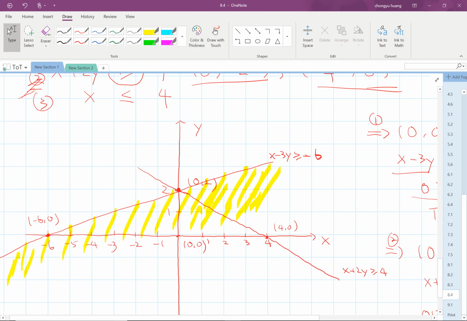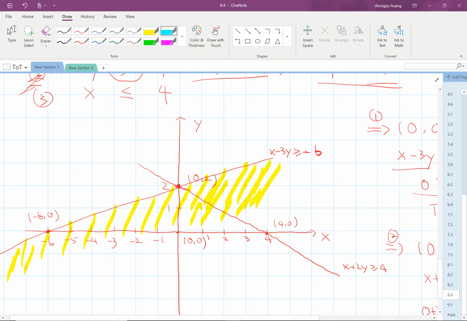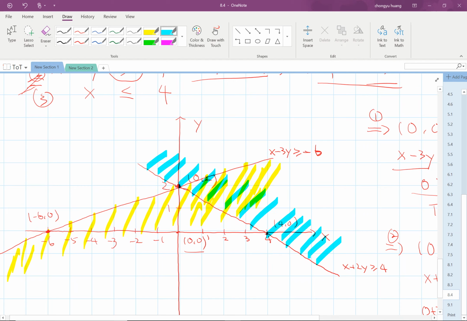So that means the region is going to be this region. As you can see, 0, 0 is over here, and so it is not included. So we are drawing this region over here. Let me draw a little bit more.